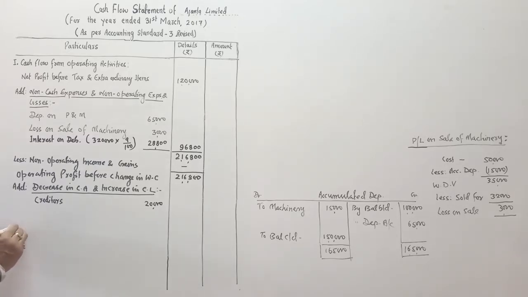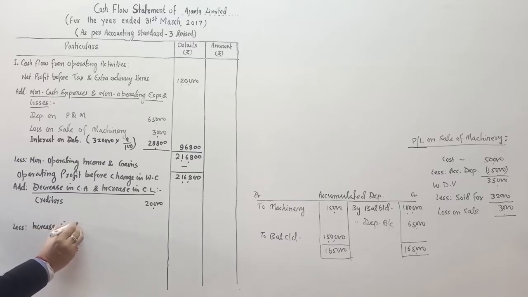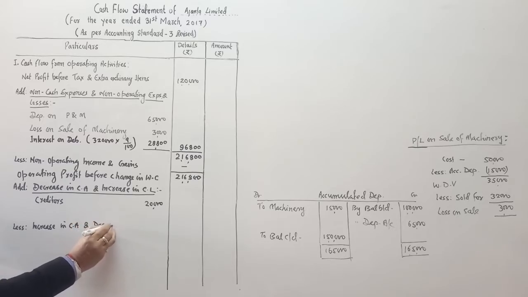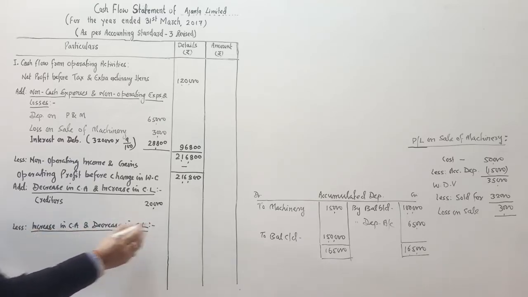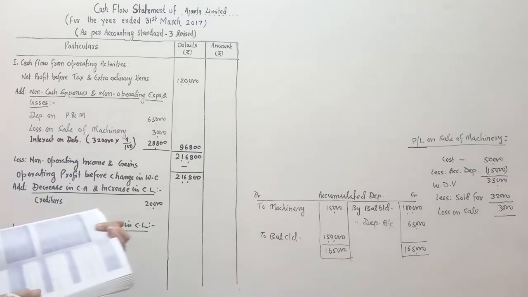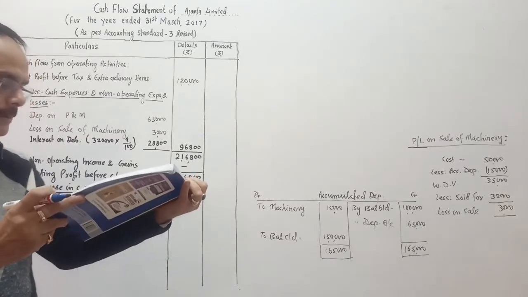And you know that we deduct the vice versa: increase in current assets and decrease in current liability are deducted by us. Decrease in current liability, this one we will deduct. Next, in the trade payable, bills payable is there.